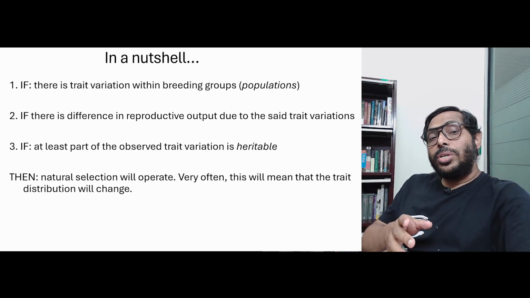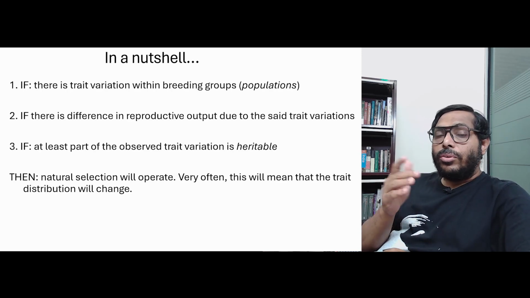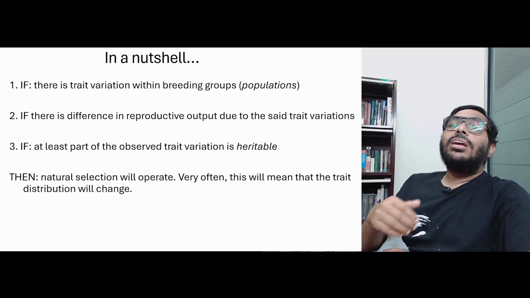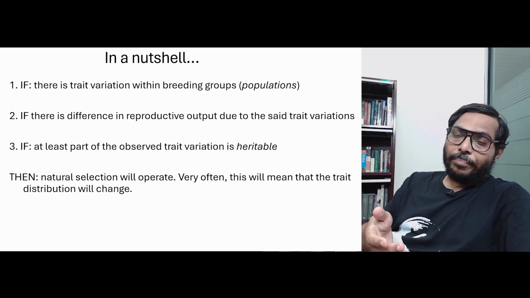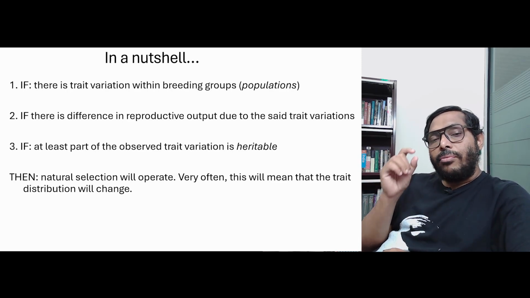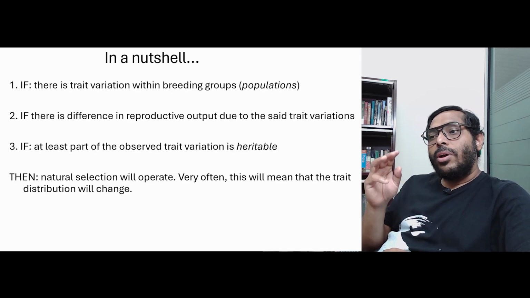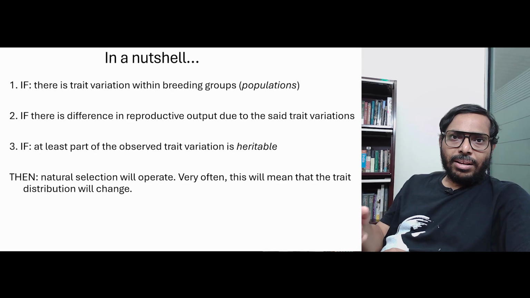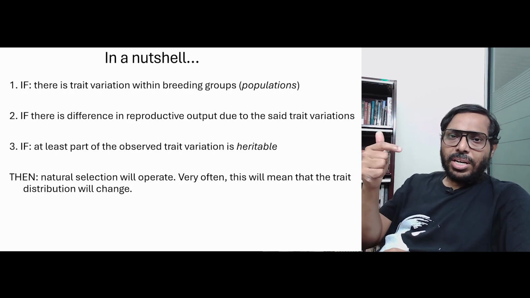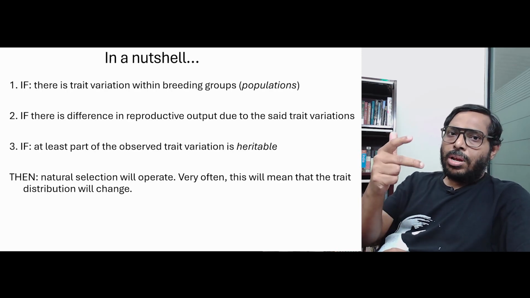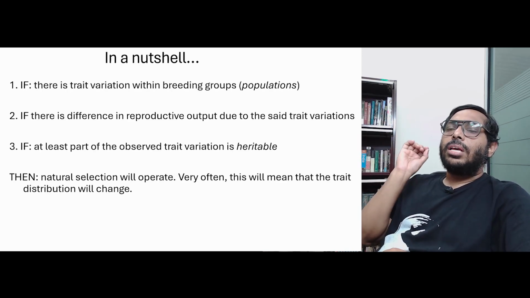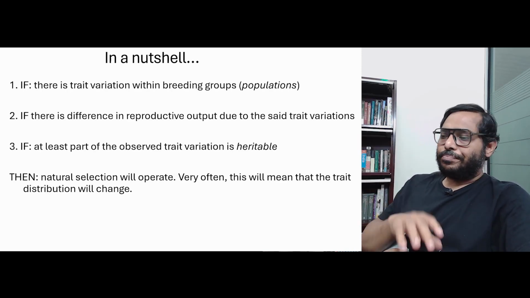There are many situations where, going from generation to generation, the trait distribution is not changing, yet natural selection is operating, which is why we define natural selection in terms of the conditions that need to be met. If these three conditions are met, variation, inheritability, and reproductive differential due to the variation, then we say that natural selection is happening.